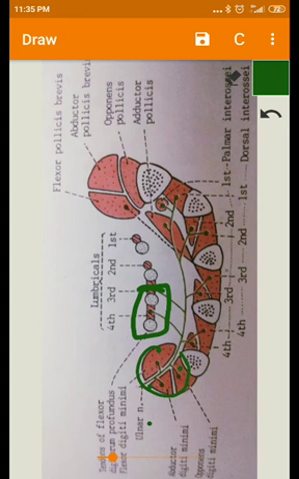And it supplies the interossei: all palmar interossei and dorsal interossei are supplied by this deep branch of the ulnar nerve. After supplying all these muscles, it finally ends in the adductor pollicis muscle, and also the deep head of the flexor pollicis brevis.